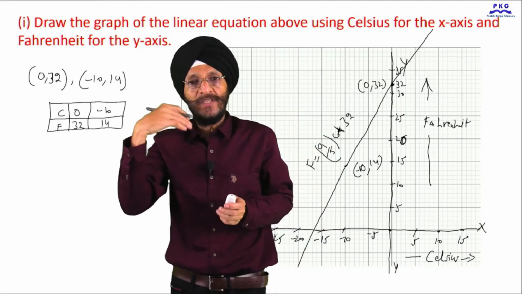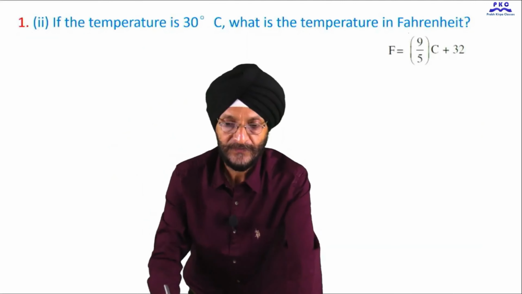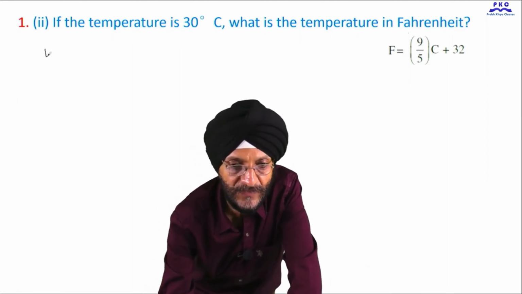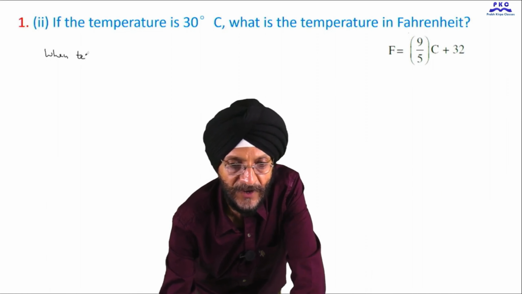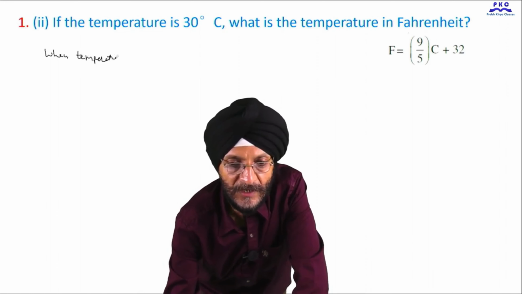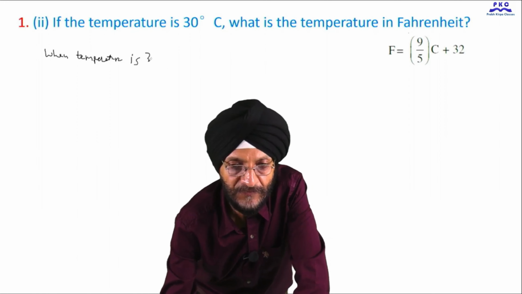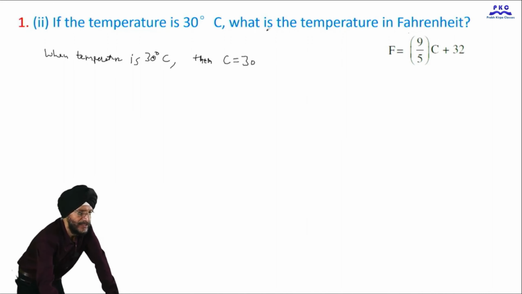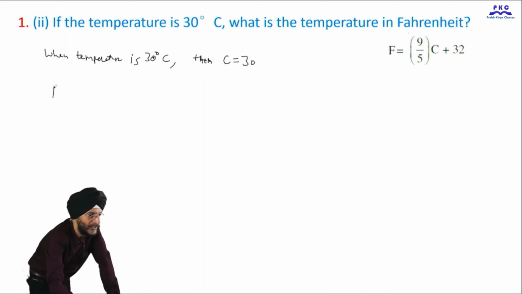So now we will come to the next question. If temperature is, what is given? When temperature is 30 degree Celsius, then C is equal to 30. Now what is required? What is the temperature in Fahrenheit? We have to calculate the value of F. This is the equation.